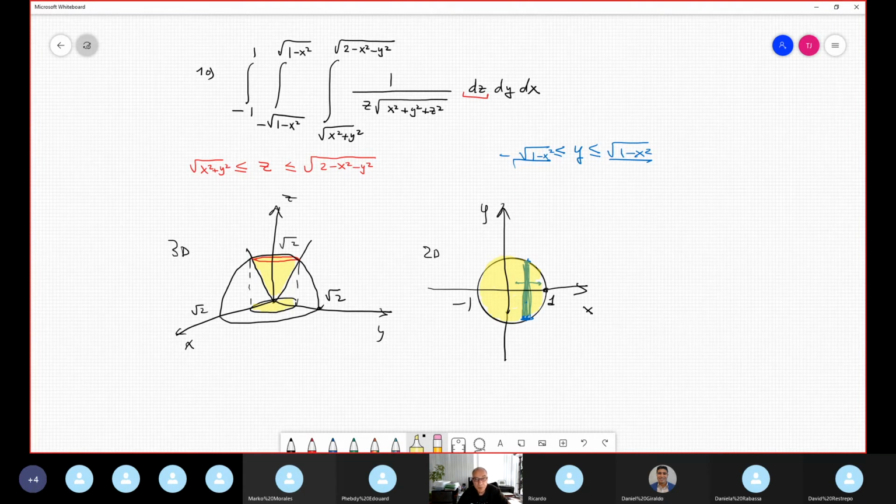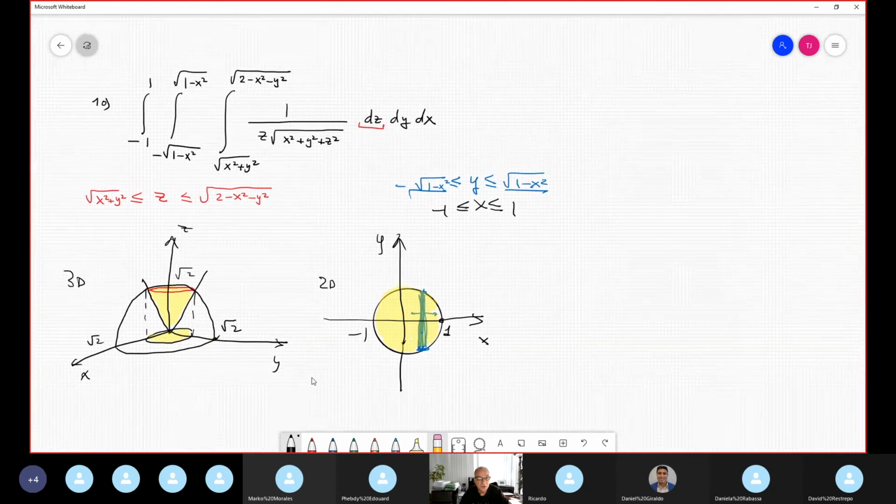I like that. And what about x? Bueno, x vary from negative 1 to positive 1. That is the reason, okay, I understand. Okay, it's a full circle. Okay, ready. I am ready to change this integral to spherical.